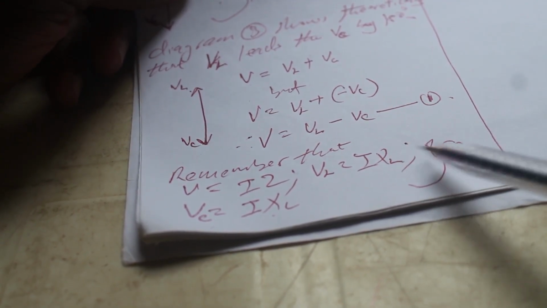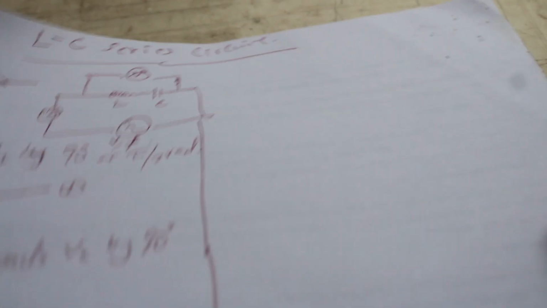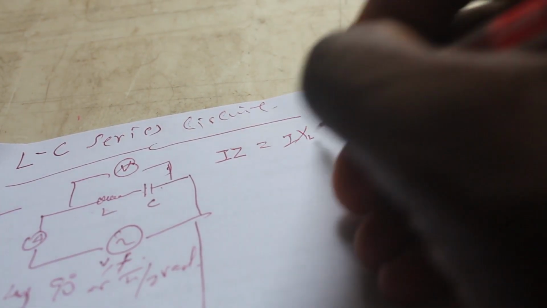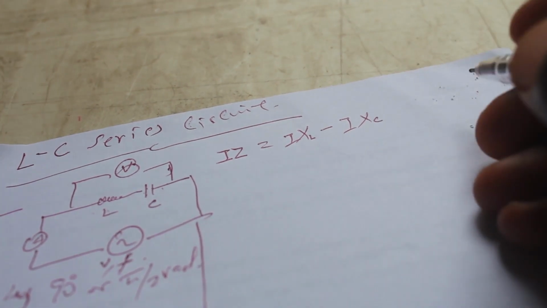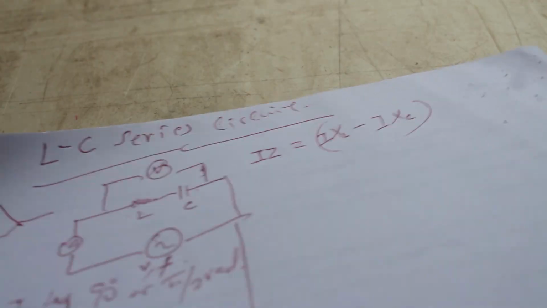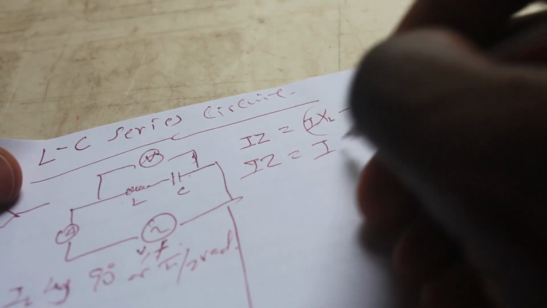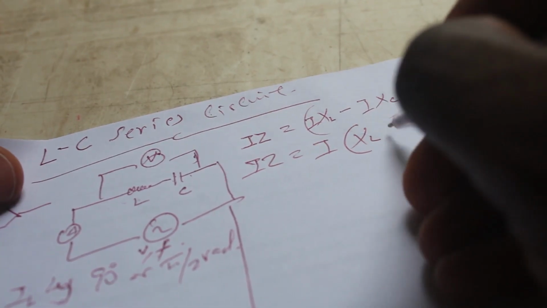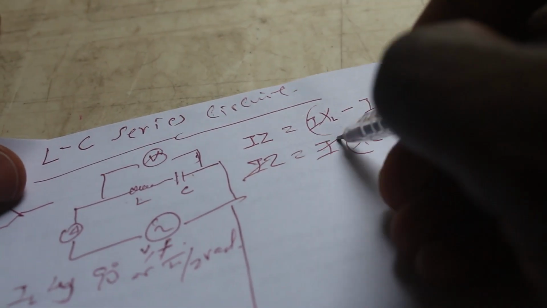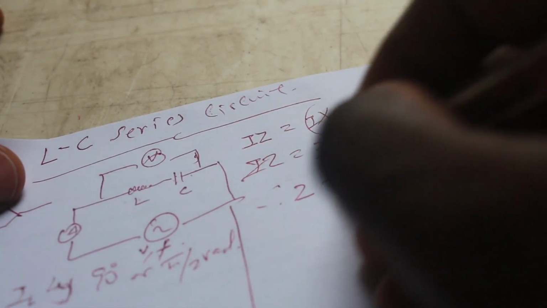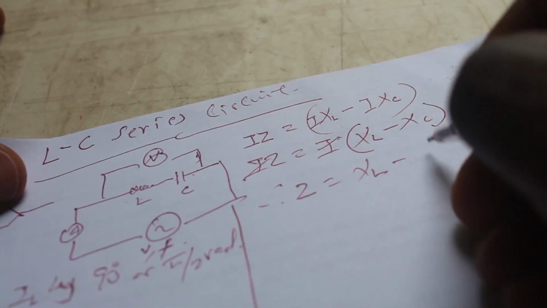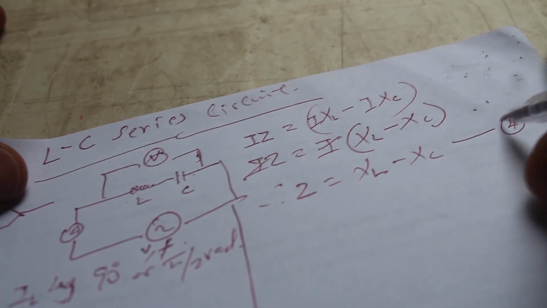When you put equation 2 into equation 1, we're going to get IZ is equal to IXL minus IXC. So we bring out a common factor, and then we have IZ is equal to I bracket XL minus XC. This I cancels this one out. Therefore, Z is equal to XL minus XC. We call this equation 4.